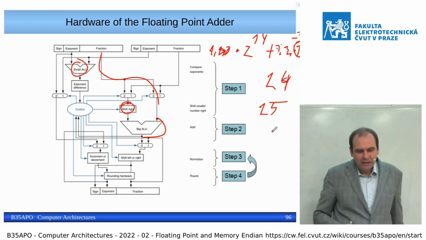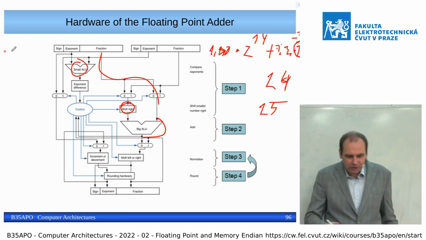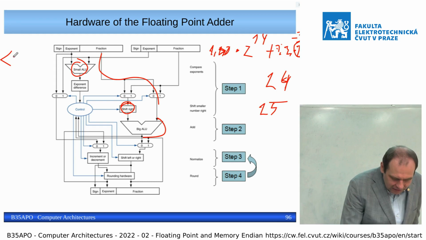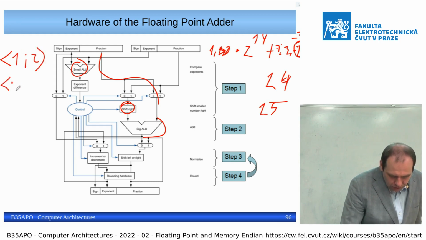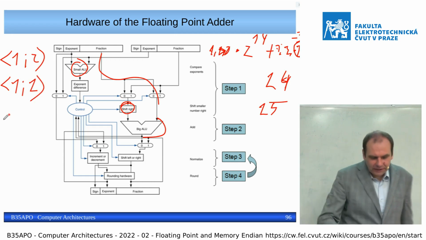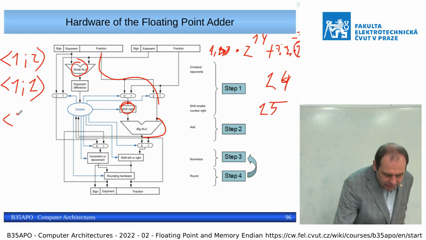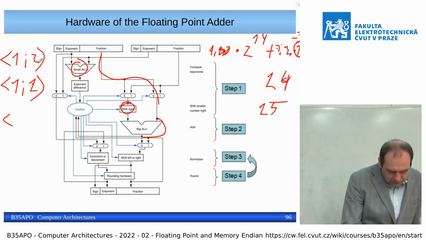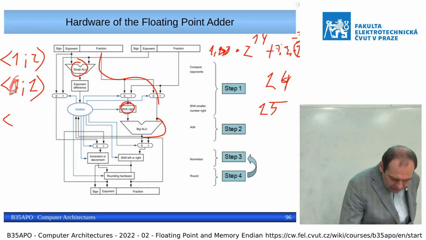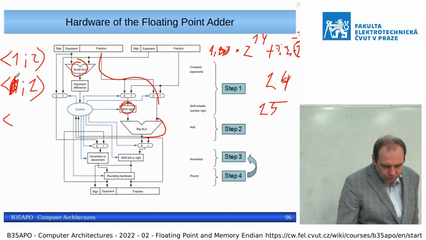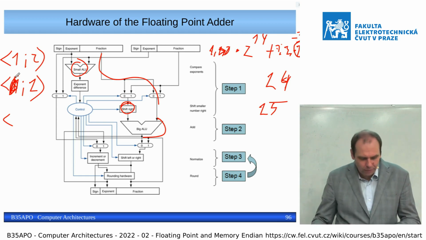So for the addition, it is possible that if we add two numbers in the range 1 half open to 2, that the result can be in the range 0 to 2. Because that one is normalized, we move it.